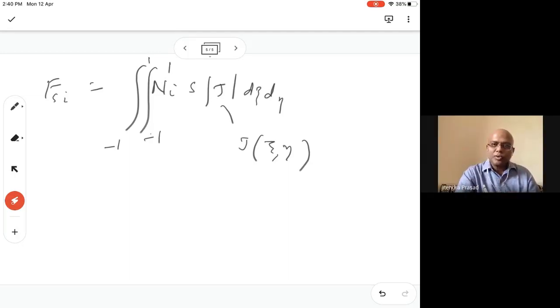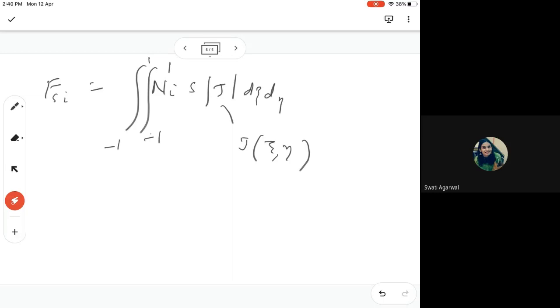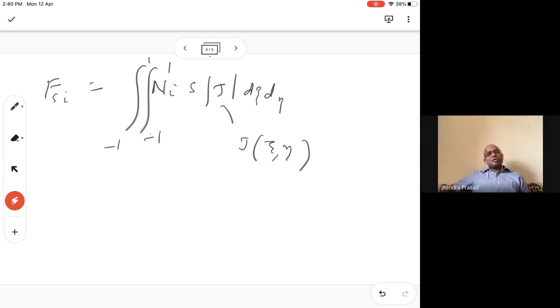Yes. Actually, I was getting a small difference in the answer when I solved. Maybe there was a calculation mistake. So you should get the same. As long as you retain the order, it will be okay. So if you compose it as X, Y, it is fine. You can do it. No problem.